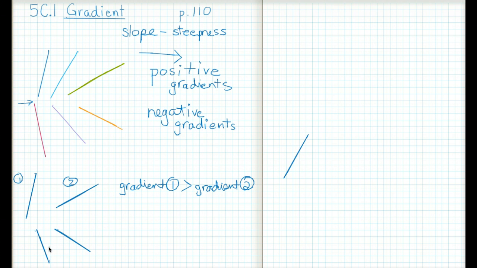In these two lines, they're both negative, and we would still want the absolute value of the number for line 1 to be bigger than line 2, but of course it will be more negative. So if I write it as an inequality, then it would still be less than, because gradient 1 is more negative, or a higher negative number, than gradient 2.